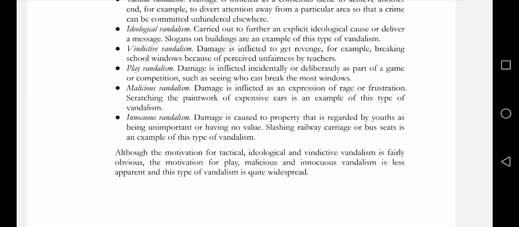Innocuous vandalism: damage is caused to property that is regarded by youth as being unimportant or having no value. Slashing a railway carriage or bus seat is an example. Although the motivation for tactical, ideological, and vindictive vandalism is fairly obvious, the motivation for play, malicious, and innocuous vandalism is less apparent, and this type of vandalism is quite widespread.